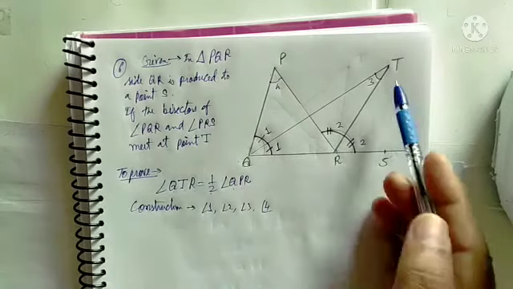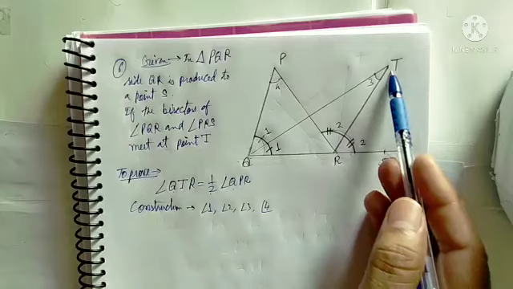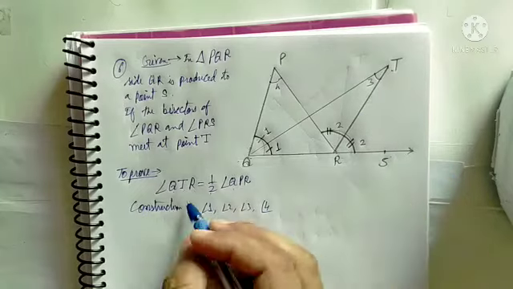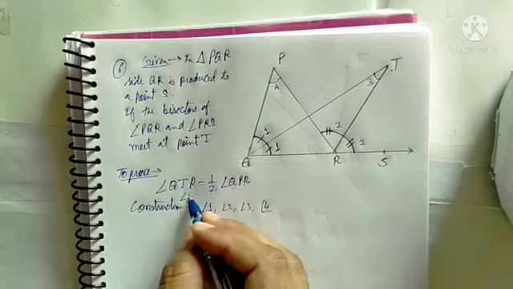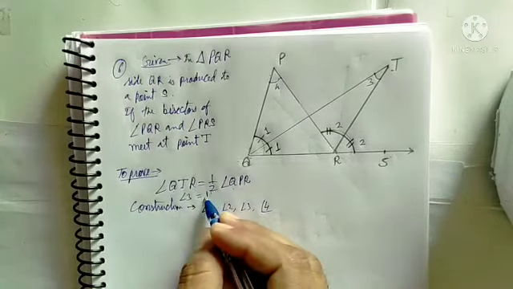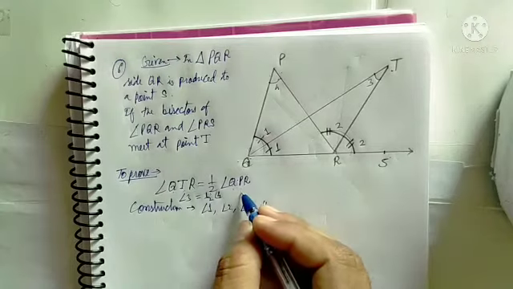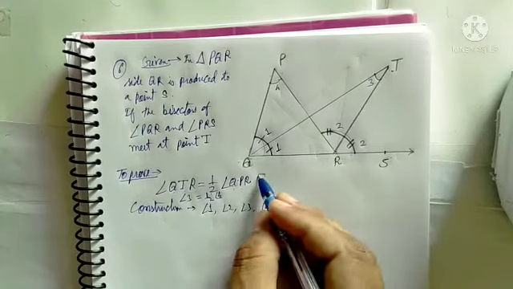So what is QTR? Where is QTR? Angle QTR means this is angle 3, equal to half, 1 upon 2, of QPR. Where is QPR? QPR means angle 4. Now what do we have to prove?